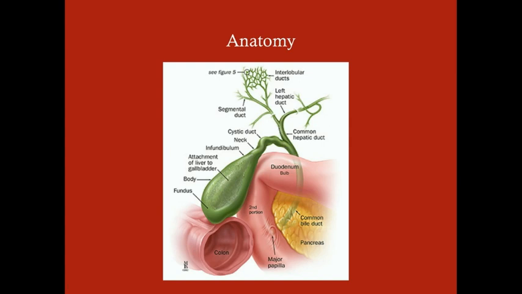The common hepatic duct is getting bile from both lobes of the liver, and when it meets up with the cystic duct, it becomes the common biliary duct, or the common bile duct. After that point, it receives the duct from the pancreas and becomes the ampulla of Vater, and empties into the second portion of the duodenum through the sphincter of Oddi.